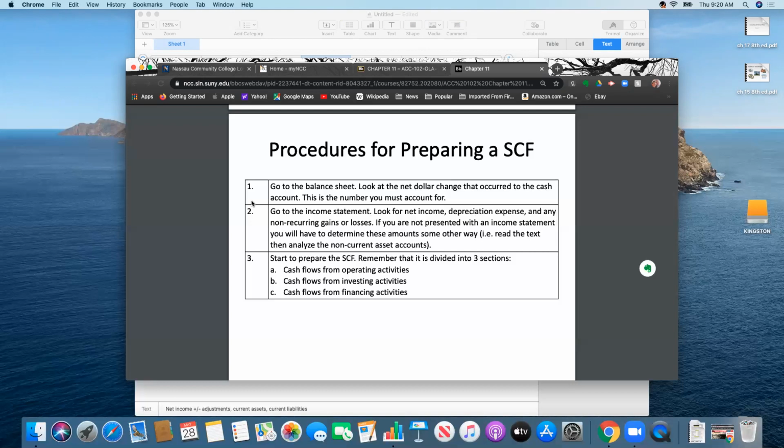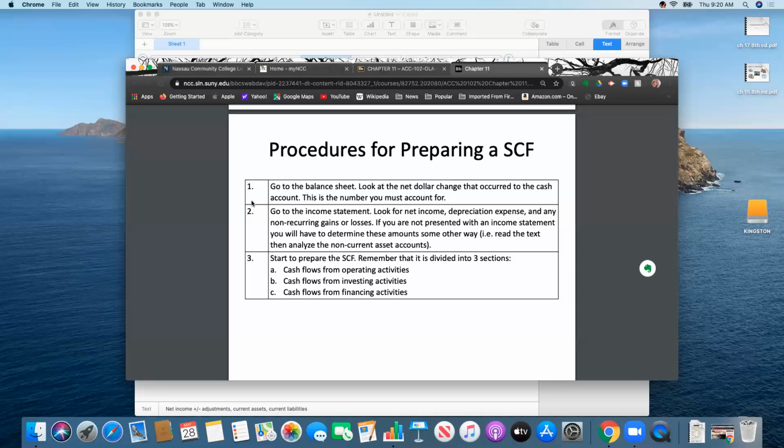I don't know if we'll even see amortization in the problems we're doing, but just be aware amortization is similar to depreciation. And then we look for what I call non-recurring gains and losses. Did we sell anything like land, like equipment, like investments? Did we sell anything that resulted in a gain or a loss?